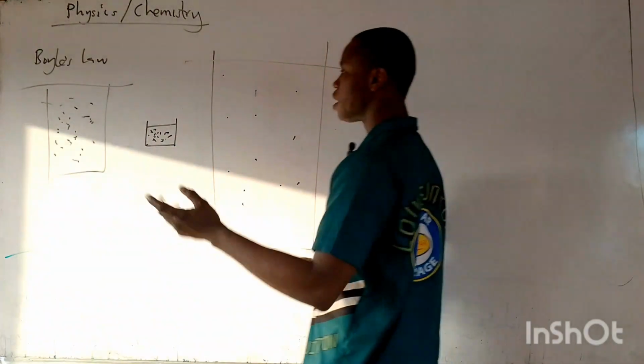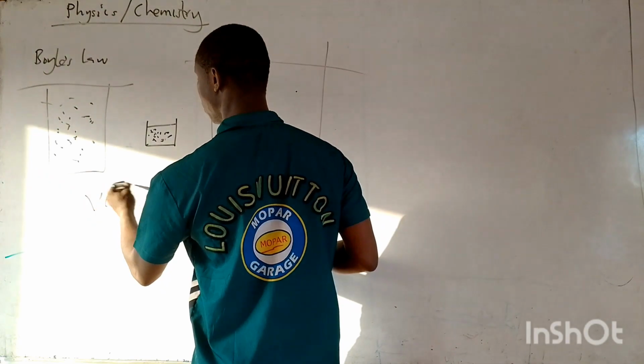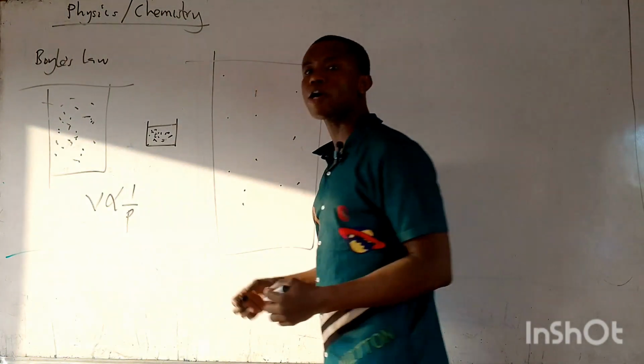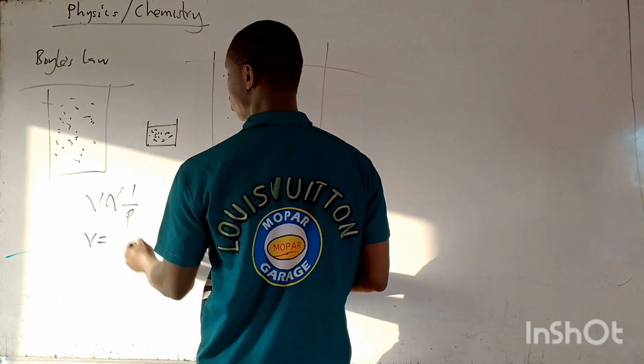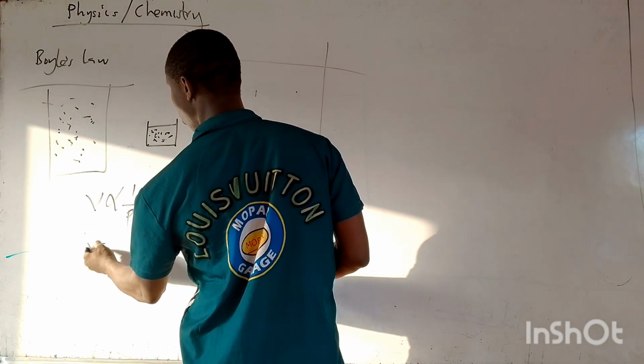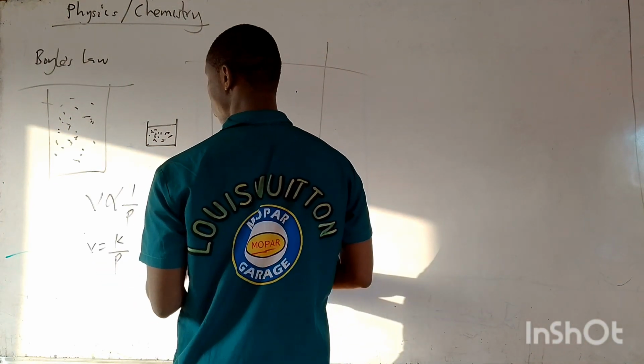So from there, mathematically, we can understand that V is inversely proportional to P. So we introduce a constant of proportionality, where V equals K over P, where K is constant.